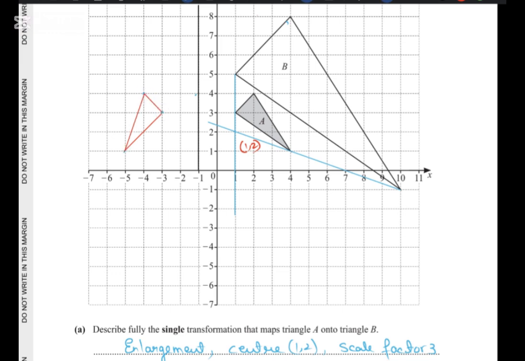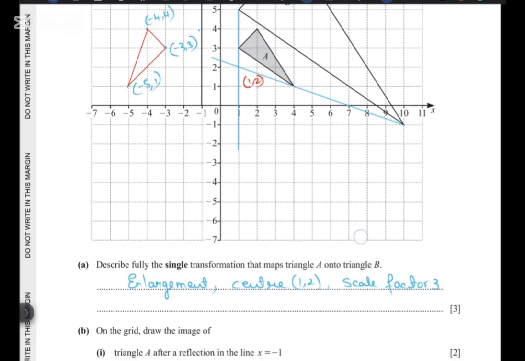This is the triangle reflected. Write down the coordinates of the vertices. So this is -3, 3, this is -4, 4, and this is -5, 1. Reflection is done.